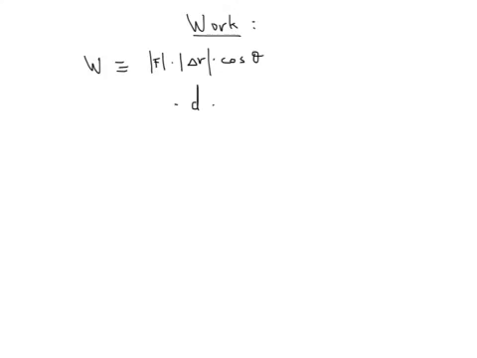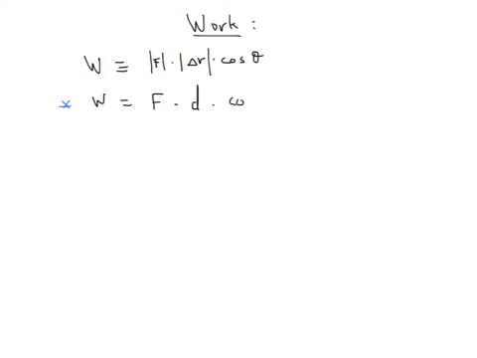And it's kind of a pain to write the absolute value around the force. So instead of writing the absolute value, we just write F. And whenever we write this equation for work, we have to remember that the F stands for the magnitude of the force. So we take away the direction in the equation for work.